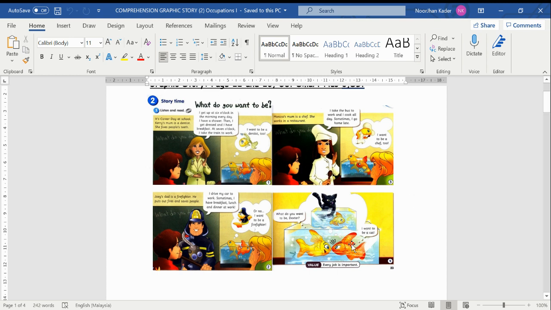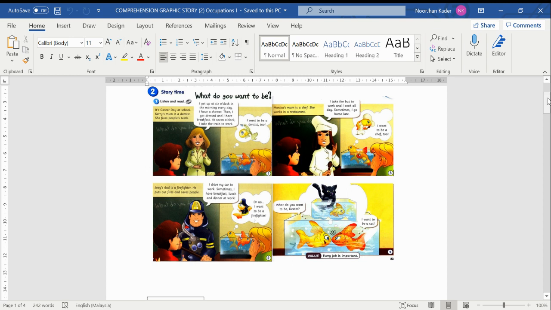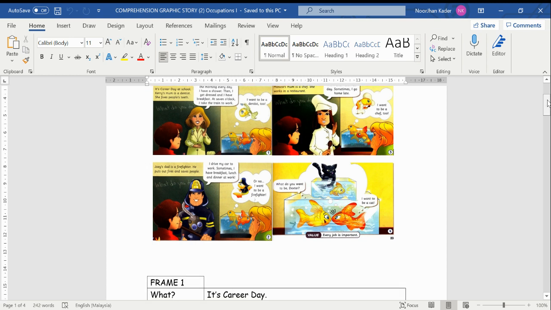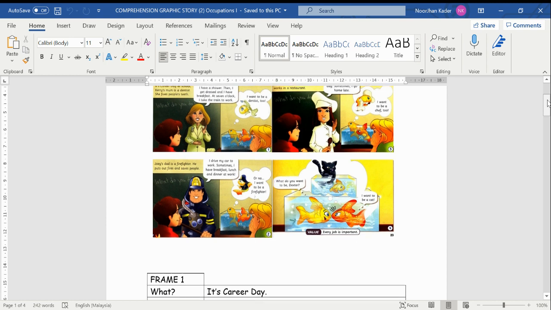So, frame 4. What do you want to be, Dexter? the yellow goldfish asked the orange goldfish. The orange goldfish is Dexter, and he says, I want to be a cat. And it imagines here. So when you answer, you have to think, because it's more of a thinking skill involved when you answer comprehension questions for frame 4.